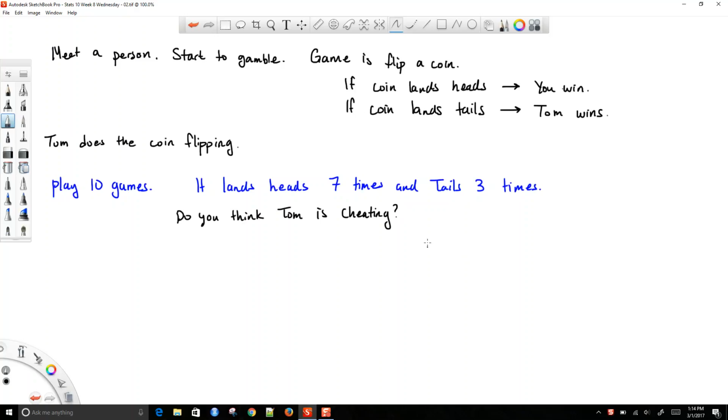The answer is no, of course not, right? If anything, he's giving himself a disadvantage. He doesn't understand how cheating should be working, right? Do you think Tom is cheating? And the answer is no. If anything, we came out ahead. There's no reason to think that Tom is cheating at this point, right?